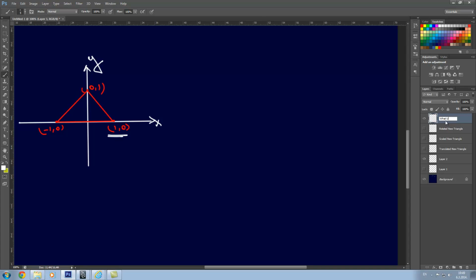I'll call it what I want to do, because it's actually what I want to do. Let's imagine for a second that I would like to translate my triangle, rotate it, and scale it twice. So here is going to be, let's say, actually not like this, because the 2 was somewhere right here. Right there. And right there.